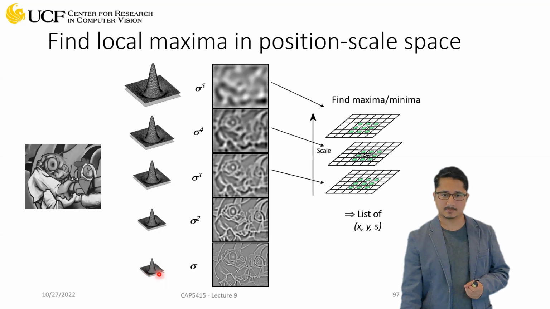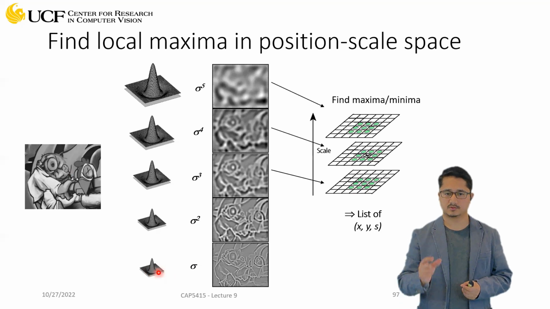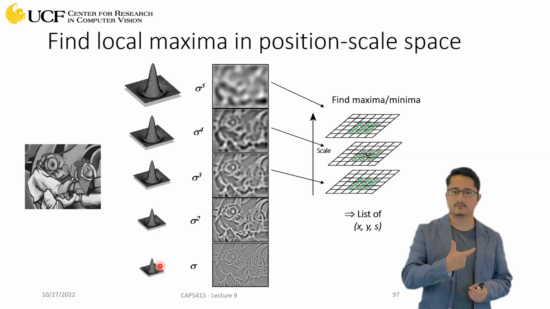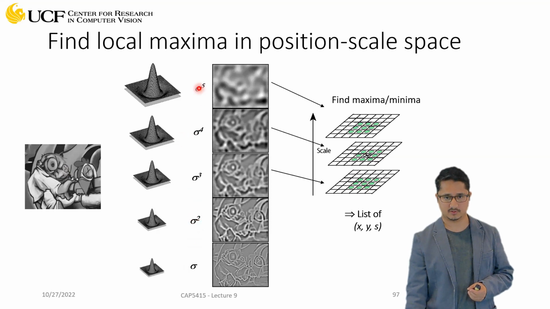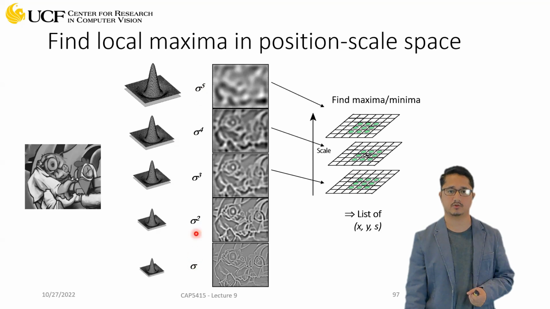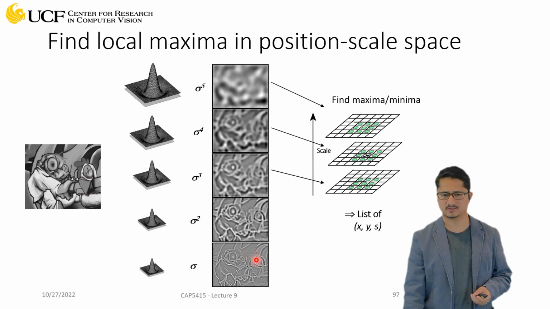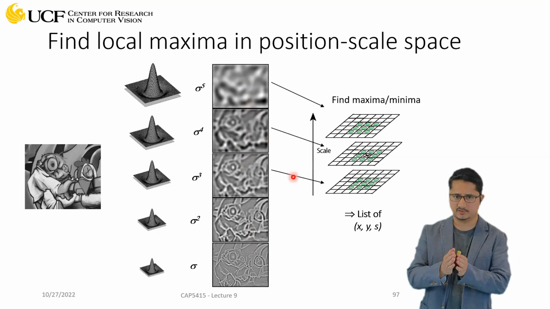To define these kernels, when you take the derivative, the Gaussian function you use has different standard deviations, so you increase the standard deviation of the Gaussian function to obtain these kernels. Then you perform filtering using these kernels on the input image. It's going to detect interesting points, but mostly we are looking at edges here, and we are detecting that at different scales. So that's the initial step.